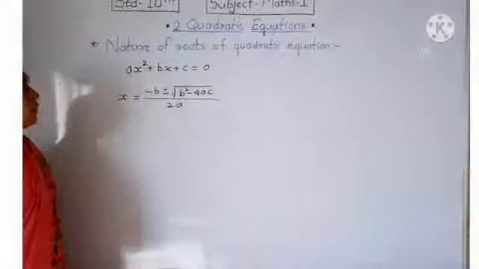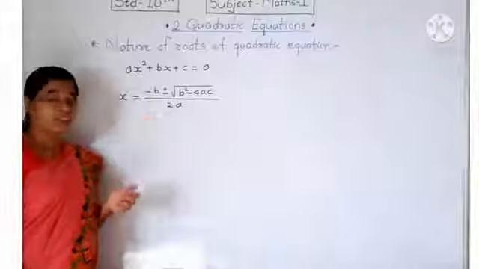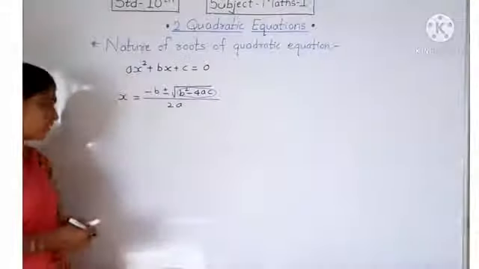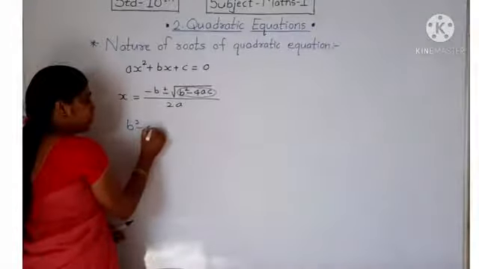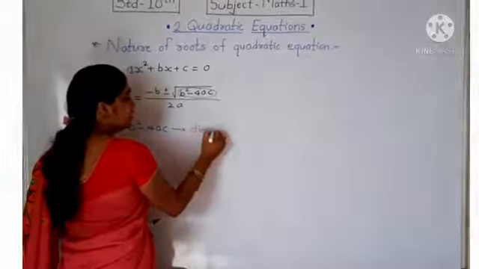Okay. From this, how to find the nature of the root? The nature of the root depends on the value of b square minus 4ac, and this b square minus 4ac we call as discriminant.